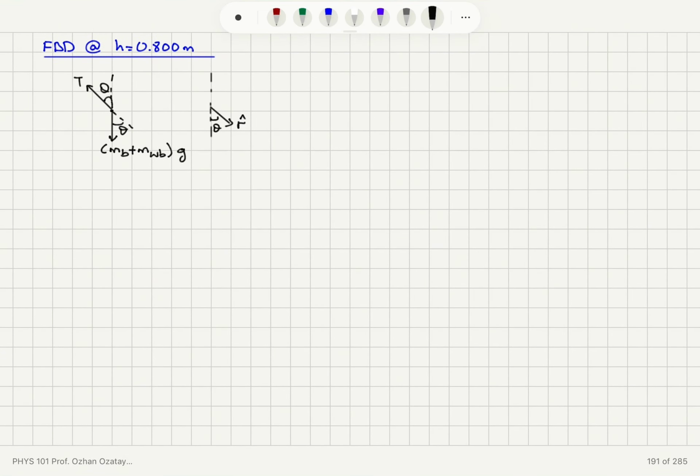So we can write the net radial force to be mass of the bullet plus mass of the wooden block, g cosine theta, the component on the radial axis, minus tension T is equal to the centripetal force, minus (mb plus mwb) v square divided by r, the length of the cord.